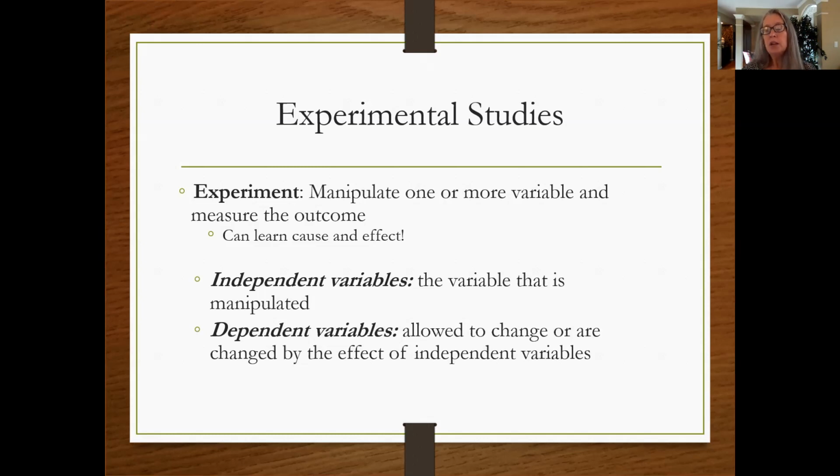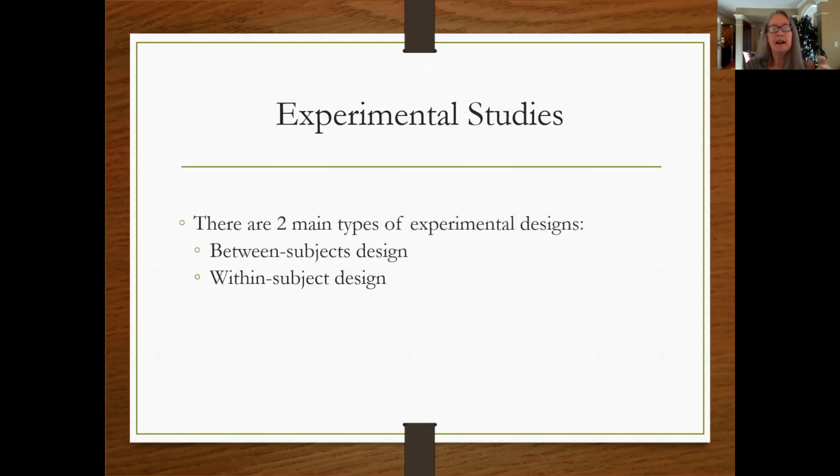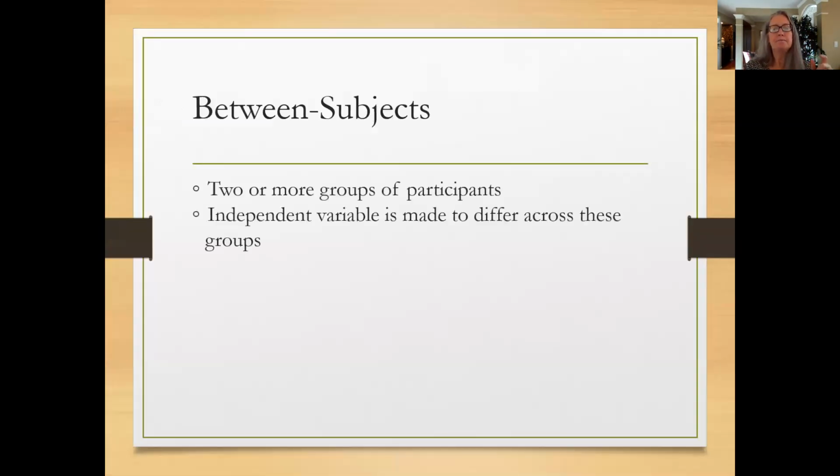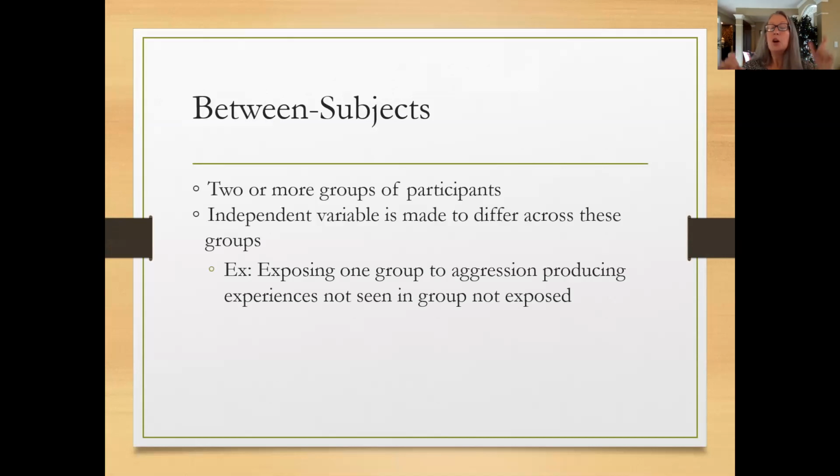If you can put it into a sentence that says blank causes blank. So you might say candy causes kids to become hyperactive. Watching aggressive TV causes someone to act more aggressively on the playground.